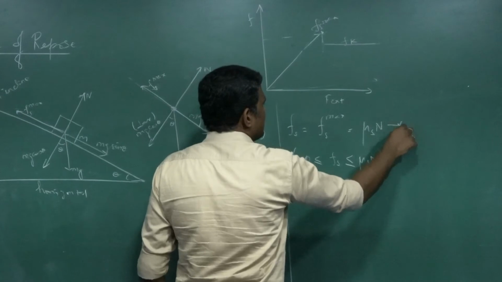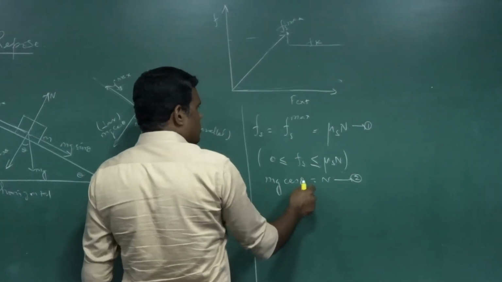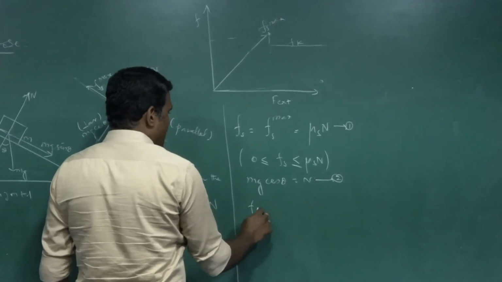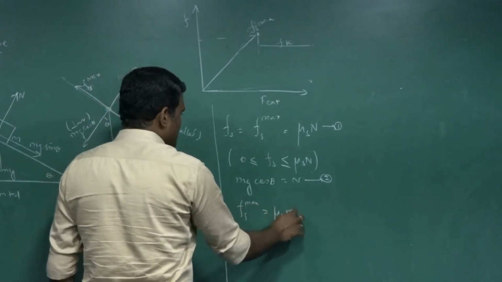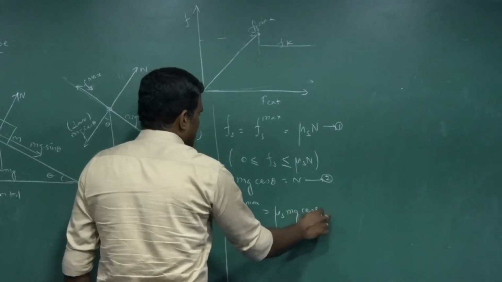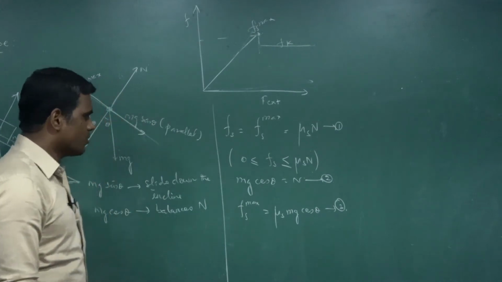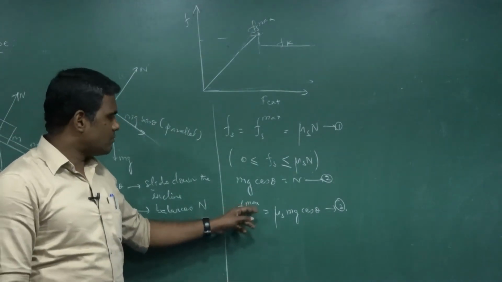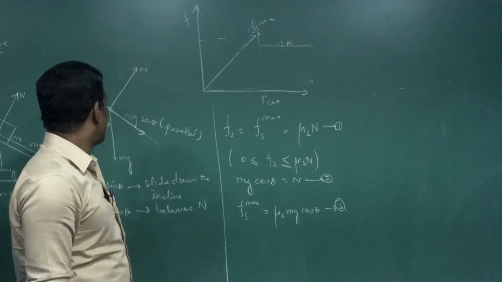I can consider this as equation number 1, and this one as equation number 2. Substitute 2 in 1. You will have Fs maximum is equal to mu s into mg cos theta. I can consider this as equation number 3.